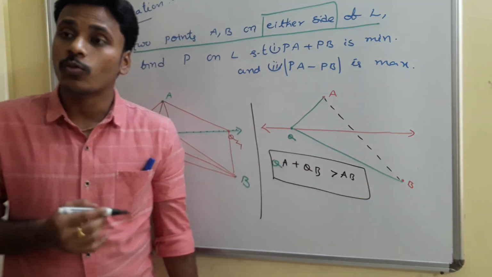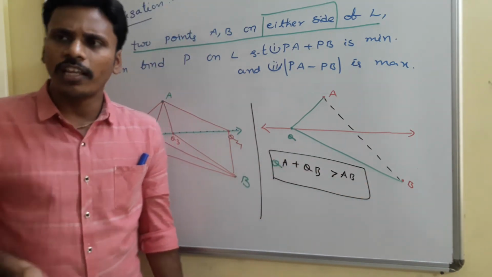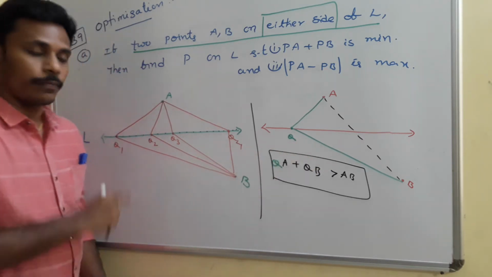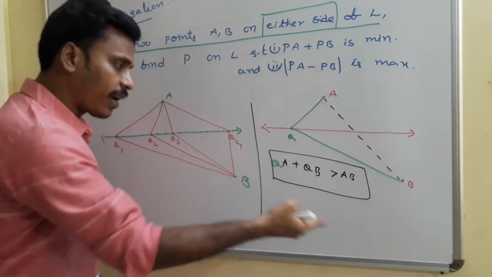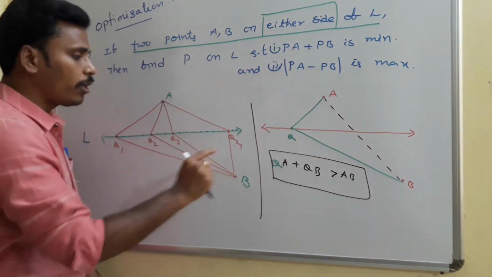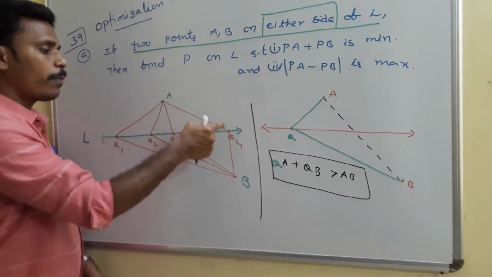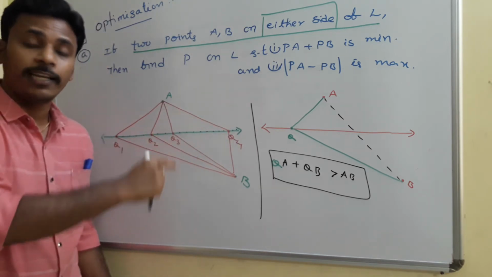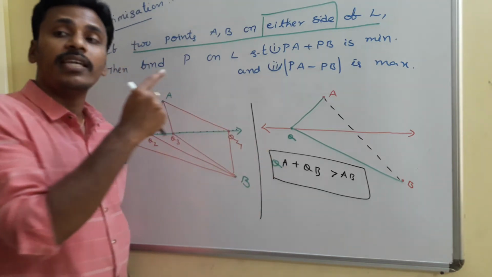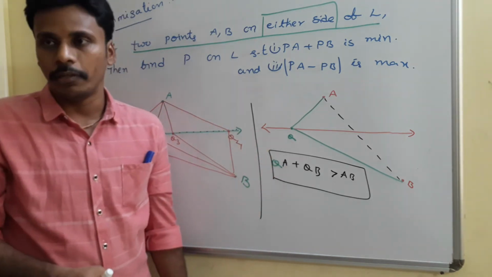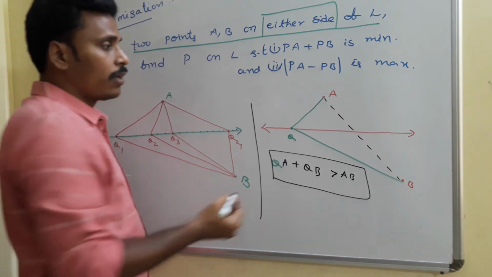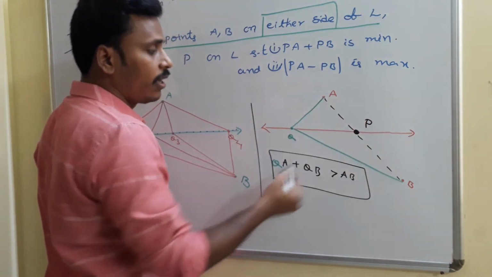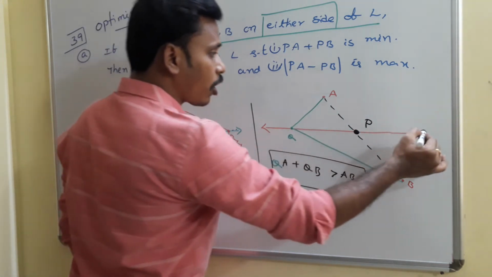What I am telling you is that Q is anything: Q1A plus Q1B is greater than AB, Q2A plus Q2B is greater than AB, Q3A plus Q3B is greater than AB, Q4A plus Q4B is greater than AB. For any Q on this line, QA plus QB is always more than AB. But there is one point. Suppose this is that particular point P, which surely lies on the line.